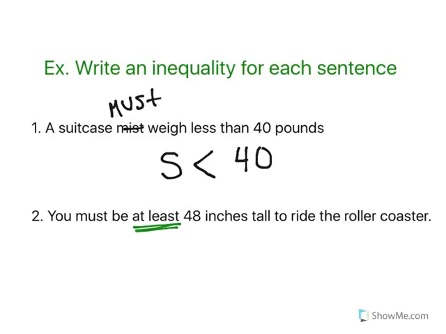I'll use the variable y. You must be at least 48 inches tall, so y is greater than or equal to 48. Whenever you see the words at least, you know you have to add that or equal to sign, the line underneath.